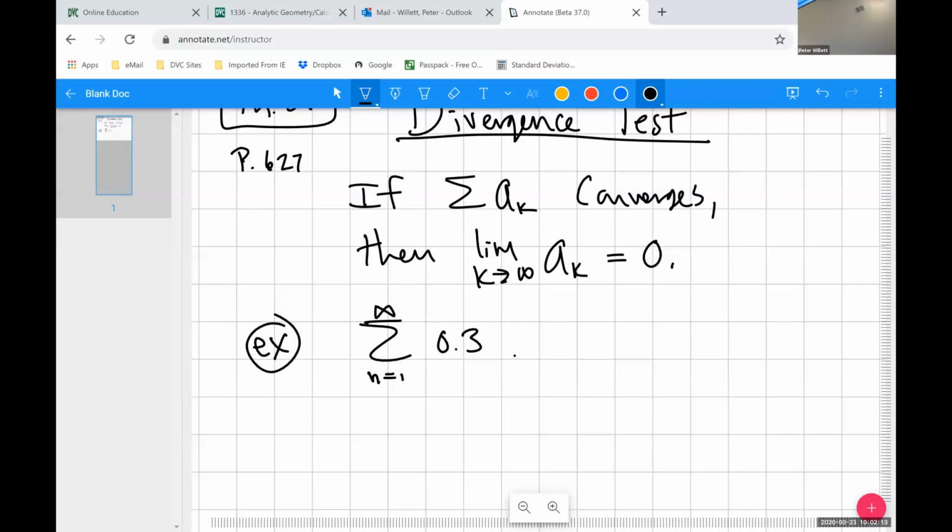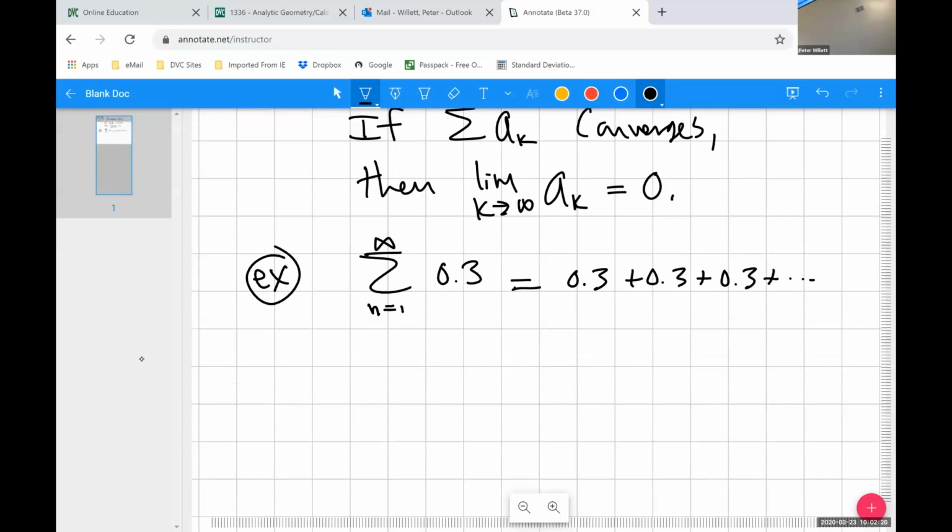And so what does this look like? This is 0.3 plus 0.3 plus 0.3, etc. Just keeps going on and on and on. We just keep adding the same number again and again. So this is an example where we are adding a small number, 3/10. It's not a very big number.